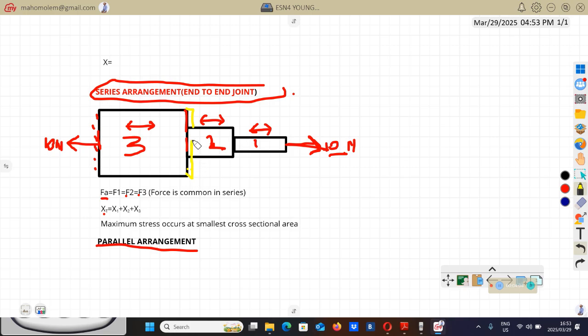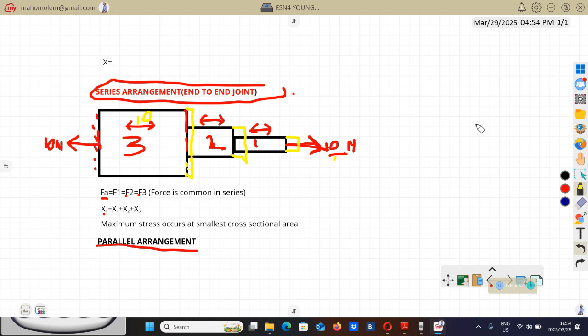So this length will be increased due to this force of 10 Newton. Remember, when you apply force of 10 Newton here, even this member is going to experience the force of 10 Newton. So this thing is going to stretch from here to there due to that force. So even this component here is going to stretch from here to there due to that force. So even this one is going to stretch.